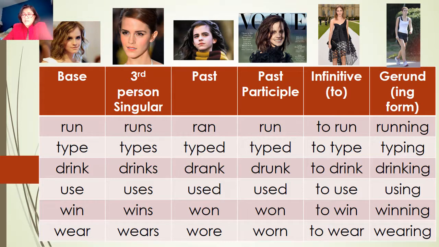Sometimes we can be talking about running is good for you, no? Or typing might be difficult if you don't know how to. So we're not talking about the continuous form in these cases. So it's important that you recognize the ing form so that you can recognize when it is used as a continuous form and when it's not.